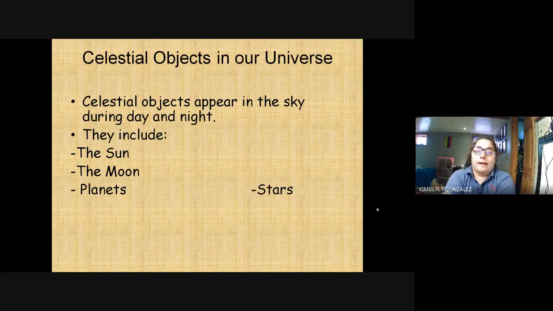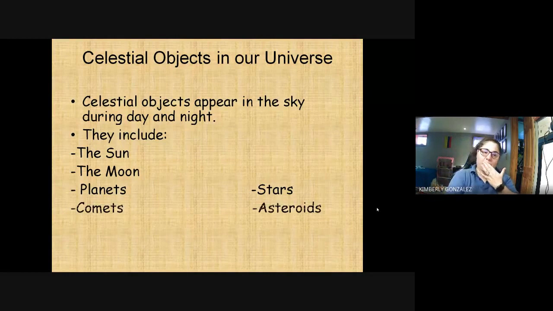So planets and stars, like I said, on the app that we were just looking at, you could see planets, you can see stars, but if you walk outside right now, you're not going to see them. Comets and asteroids. We'll get into more details about all these different parts.